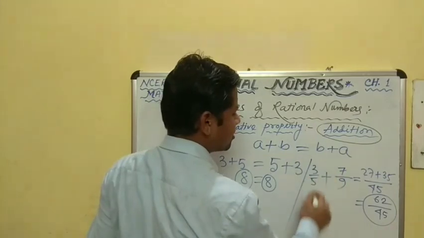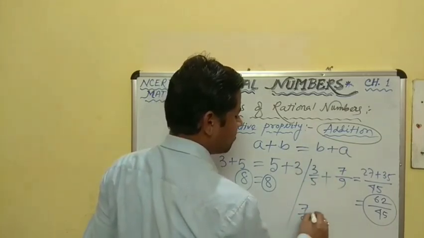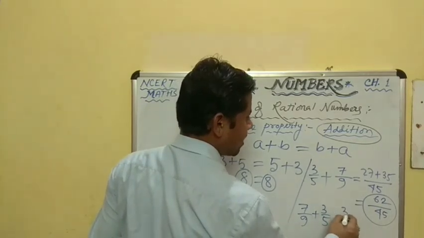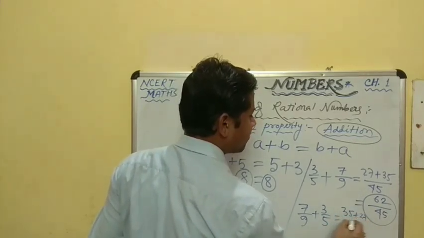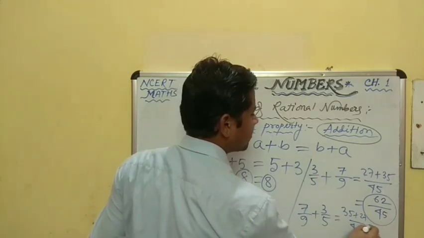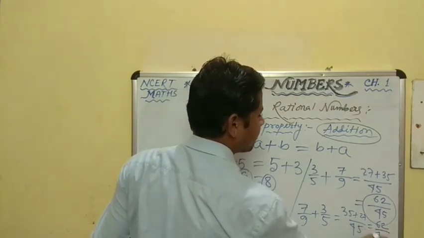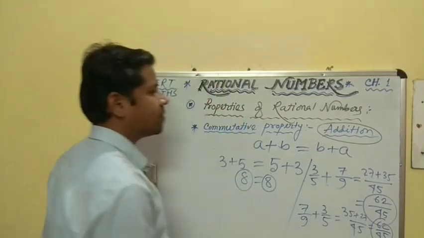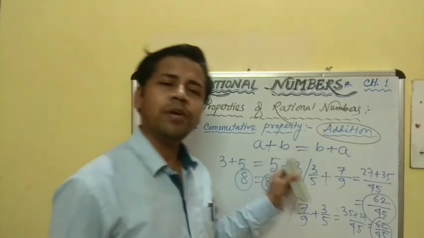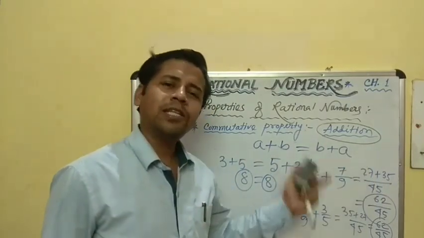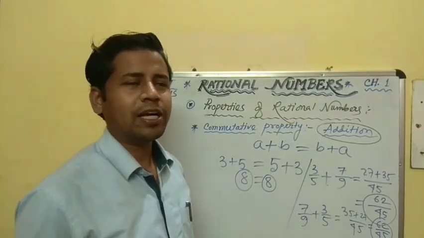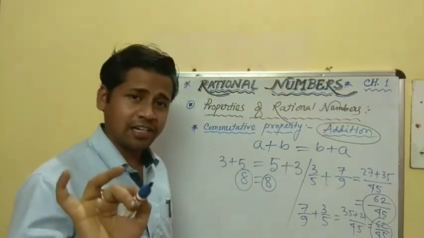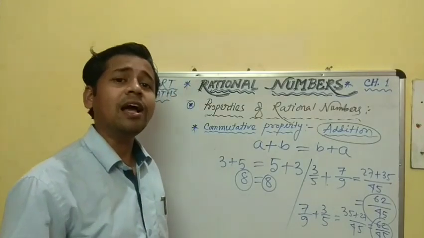If I change this sequence, then it will be 7 by 9 plus 3 by 5, which is equal to 35 plus 27 by 45, and the result becomes 62 by 45. So here we see that both results give the same. If we change the sequence, a plus b and b plus a both give the same result. So that's why we say that rational numbers are commutative under addition.